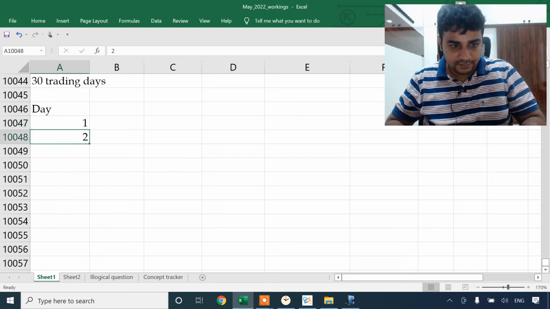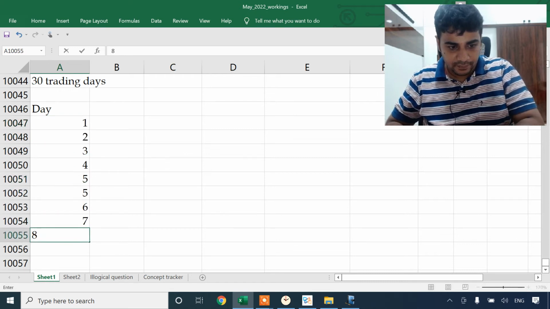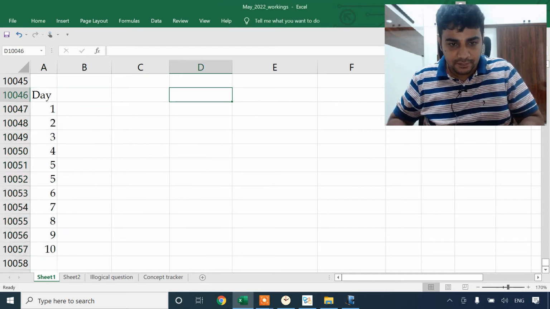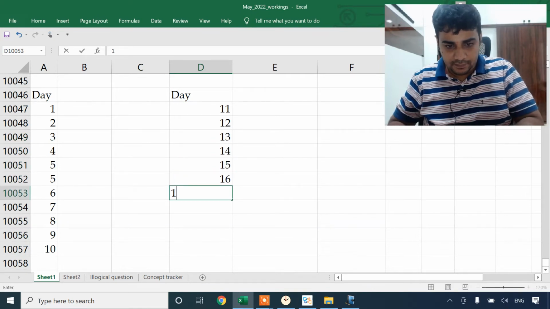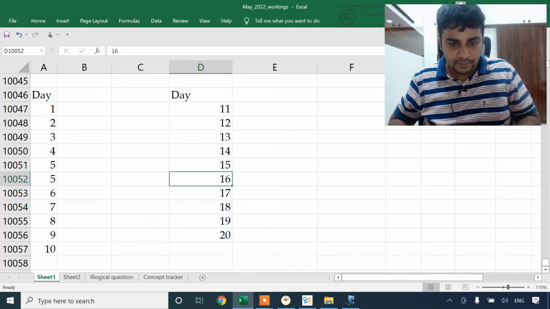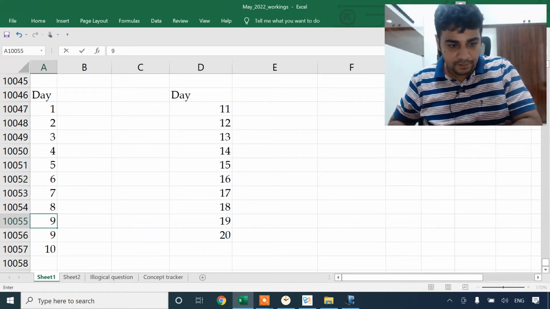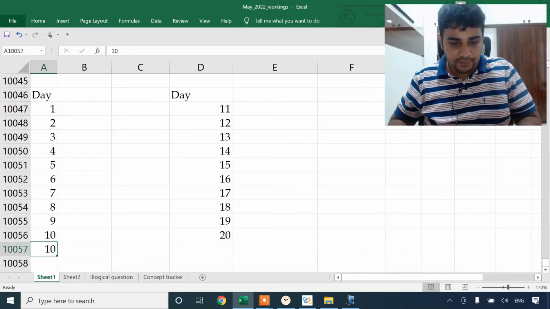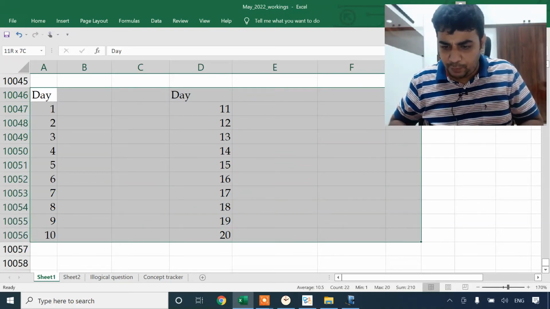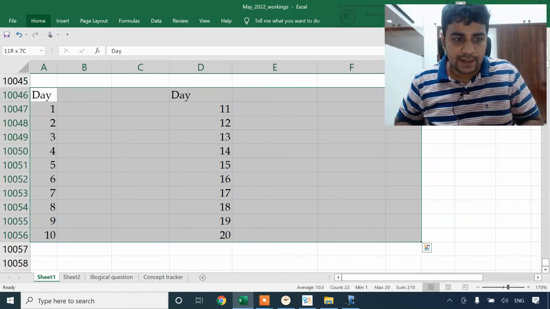I will capture the first 10 days. We are required to calculate the correlation coefficient, whatever we learnt in the portfolio chapter.